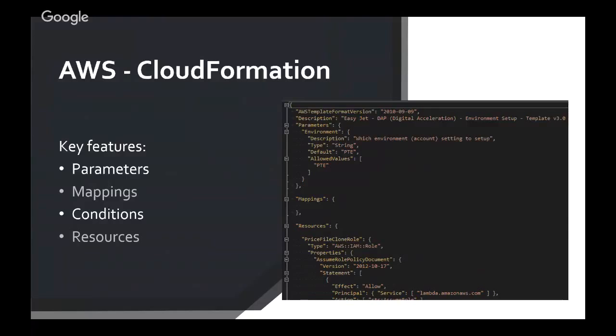You can then use conditions. This gives you the freedom to almost create if statements based off the parameters you've got. Now, from the experiences we've had, they work quite well, but they're a bit mucky. You end up having to write quite verbose and quite long script blocks or JSON blocks to achieve certain things. So we've moved that logic somewhere else, and I'll touch on that later on.